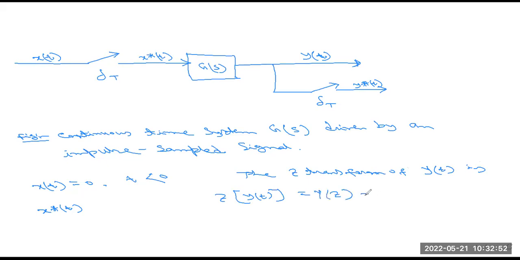You know that, and we have to write the mathematical expression, that is the summation of k equal to 0 to infinity y(kT) with different k values z to the power minus k. So this is equation number 1, the mathematical expression for the continuous time system G(s) driven by the impulse sampled signal. Up to this part it is okay, all of you?